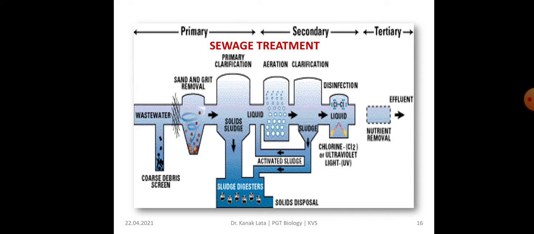With the help of primary, secondary as well as tertiary treatment, the water will be cleaned. So before putting the sewage into the water body, the wastewater should first be treated so that the water becomes clean.